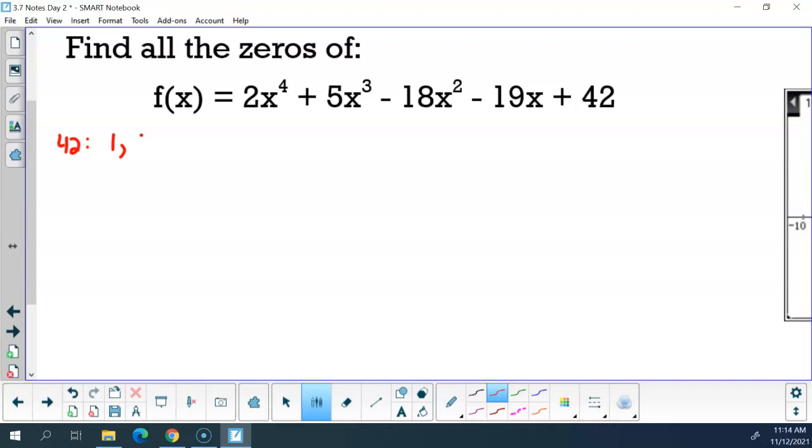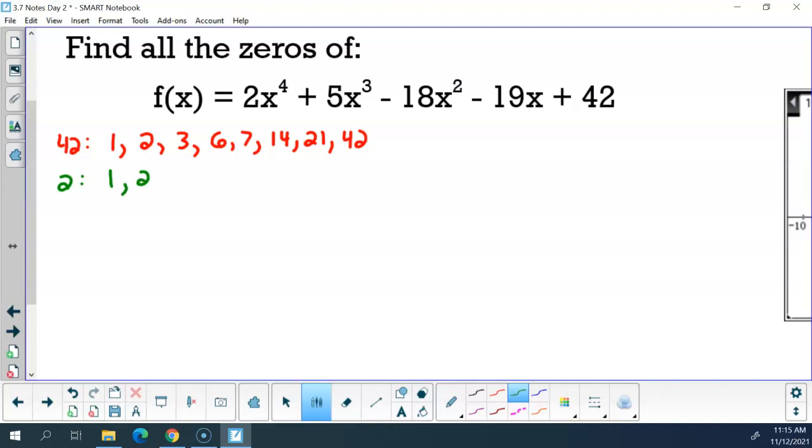2 and 21. 3 and 14. 6 and 7. Okay. What are all the factors of 2? All right.